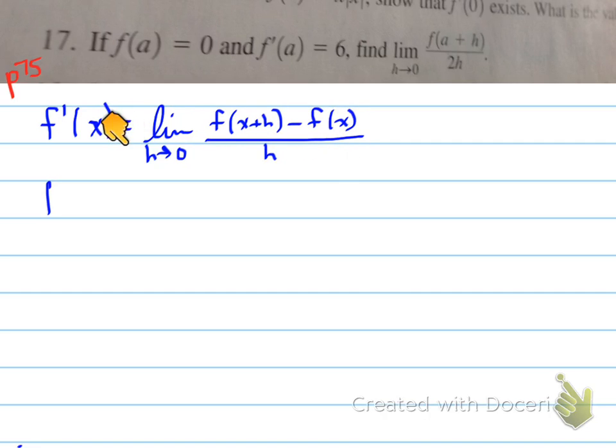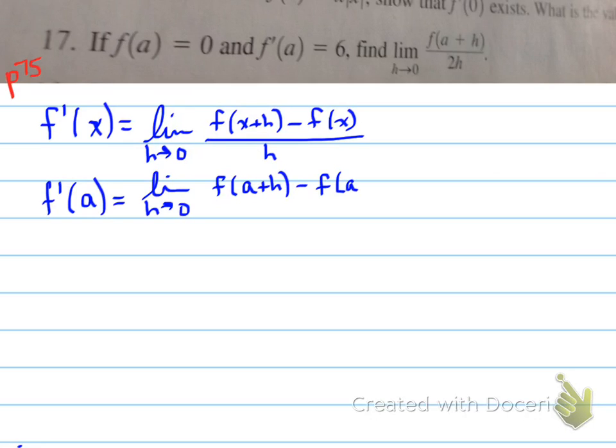This is our derivative from first principles. Now we use that definition and plug in a. So f prime at a is equal to the limit as h approaches 0 of f at a plus h minus f at a, all over h.